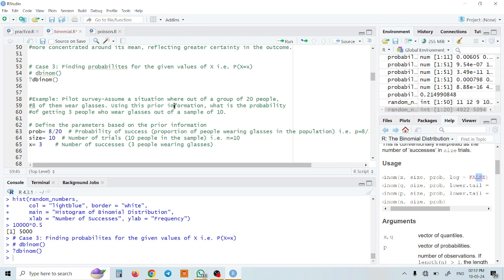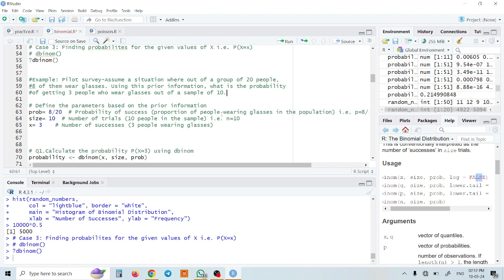Using this information, we want to know the probability of getting 3 people who wear glasses out of a sample of 10. So we will use this prior information and fix the parameter values.